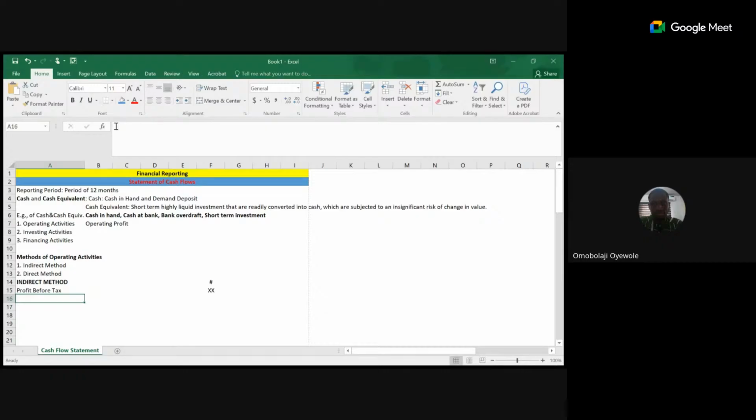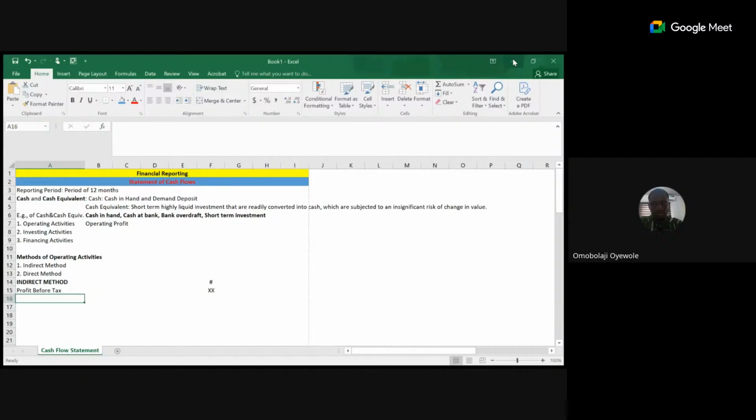Now, why are we starting from the profit before tax? Understand that. Okay, let me show us an income statement first. Let's come back here, this page 563. Let's quickly check something.